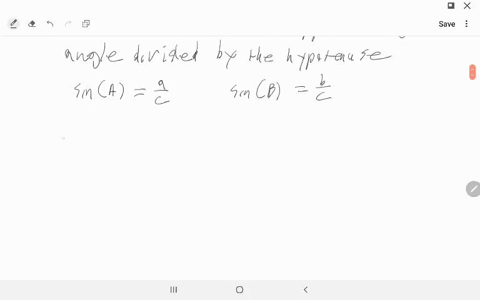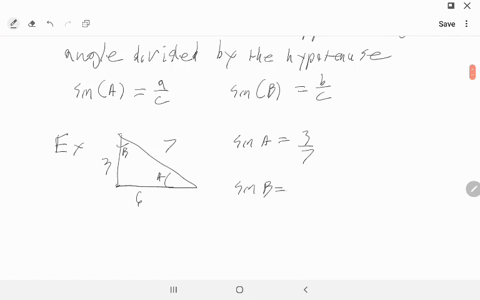So, for example, if we had a triangle and we knew that we had angle A, angle B, and we knew the side lengths were 3, 7, 6, we notice that the sine of A would be 3/7, the opposite side is 3, the hypotenuse is 7, and the sine of B is going to be 6/7.